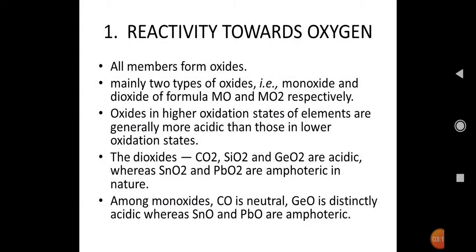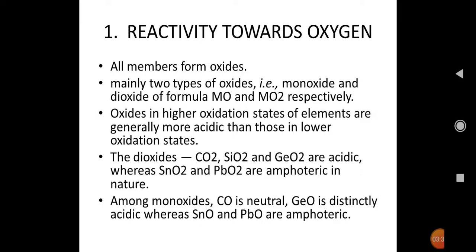Carbon family or group 14 elements are highly reactive. They are reactive towards oxygen, water, as well as halogens. Towards oxygen, they react to produce two types of compounds, monoxide as well as dioxide.